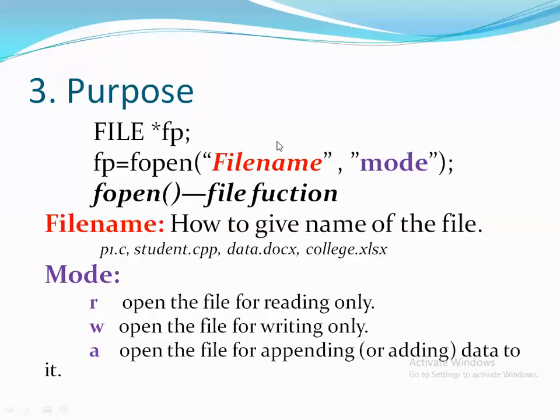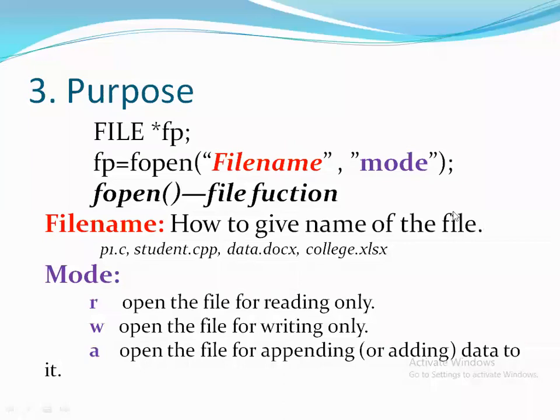How many parts are there in the file function? The first part is the name, and the next part is the mode. First, the file name. How can we mention the file name? We already discussed the rules of the file name. It can be a name with an extension or without an extension.